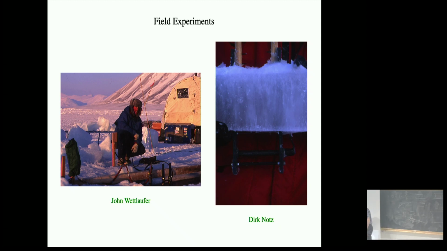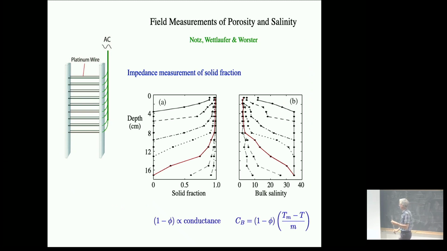And so this is my PhD student, Dirk Notz, who then went out to the field for the following 3 years, and on the 3rd year got a really nice set of data. The first 2 years were all about instrument development and so on. So this is Dirk's data from his PhD.